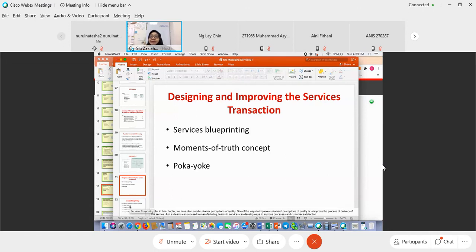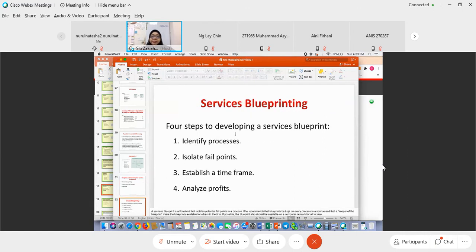Okay, service blueprinting is a process map to show you the process from when the customer first enters your premises until you get paid. Okay? So if you look at this, how to do service blueprinting. First, you identify the processes. You isolate fail points.